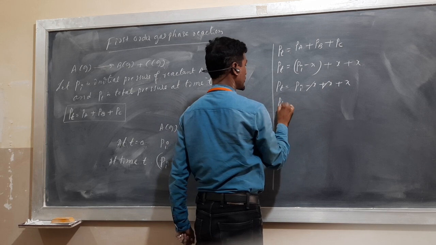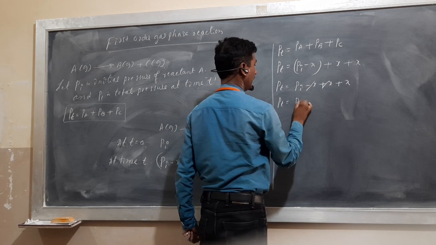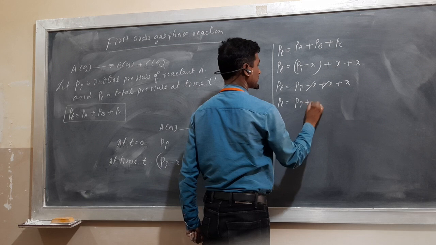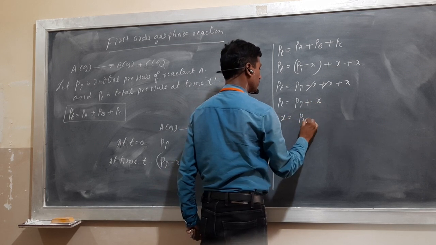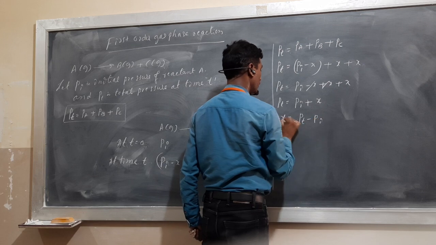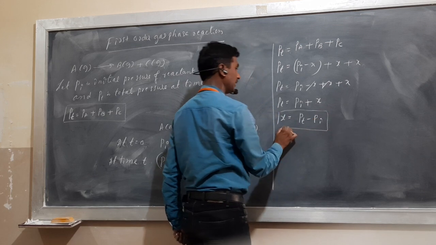The total pressure is equal to Pi plus X, or X is equal to the total pressure minus the initial pressure.